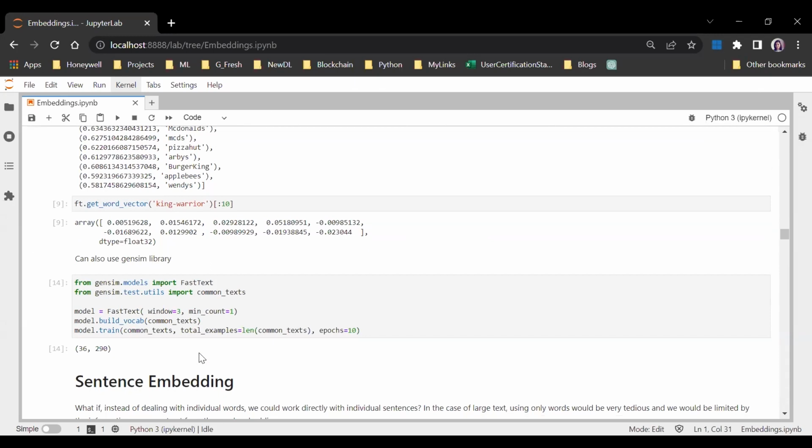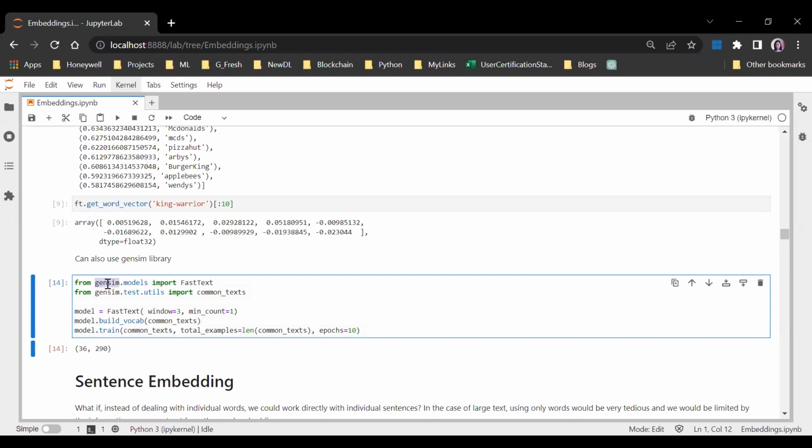This is how we can use the FastText model. Apart from using the library directly, we can even leverage the Gensim library, which already has an implementation of FastText. So this is how we can use the Gensim library.